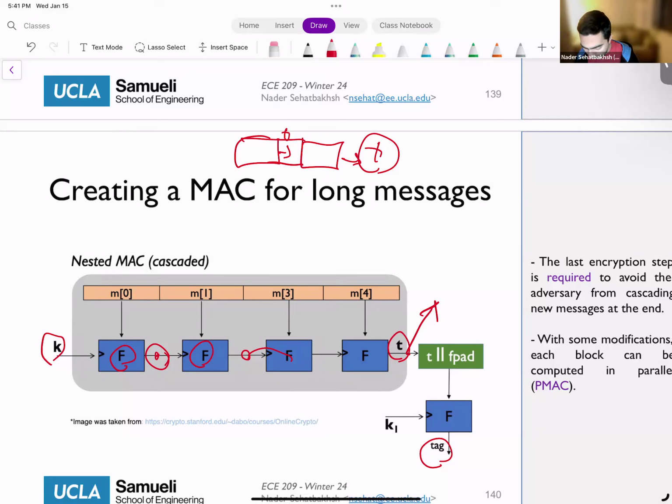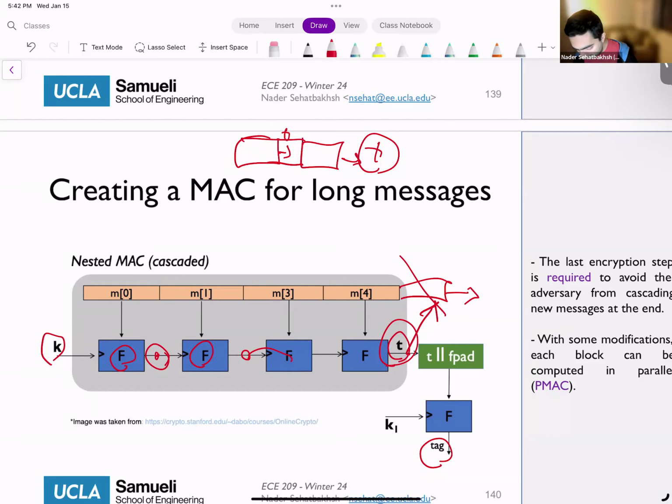So I don't want to do that, right? For example, if I have an M5, if I know the tag of that, I can basically remove this and then send this. So I can generate tags of arbitrary size just by concatenating things together, okay?